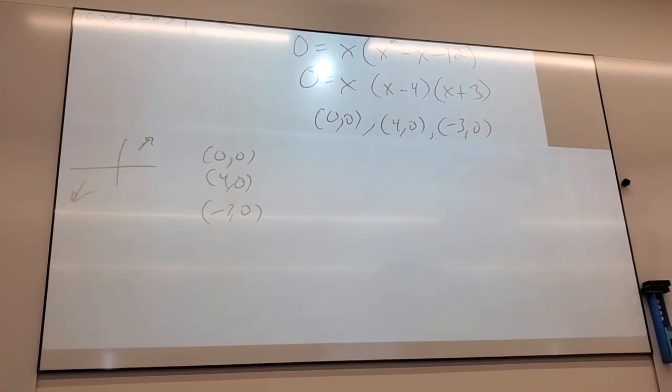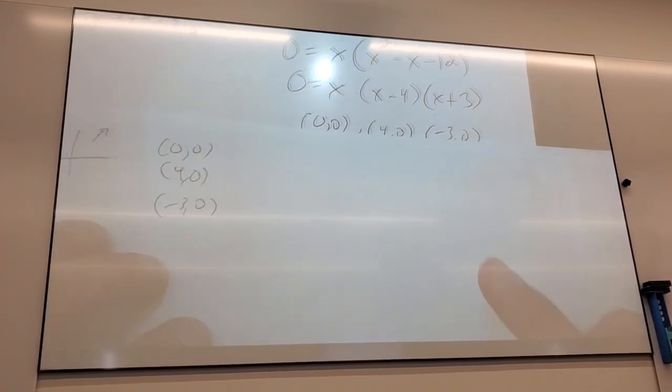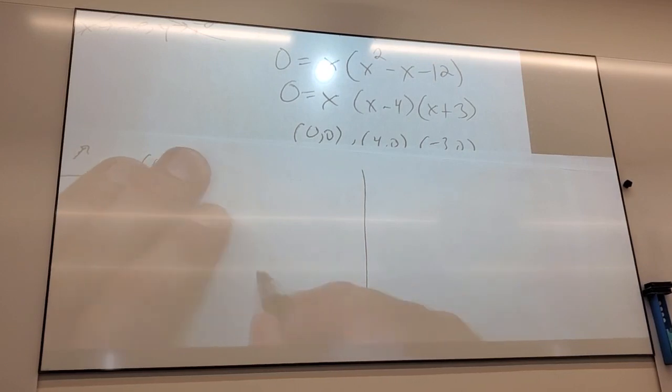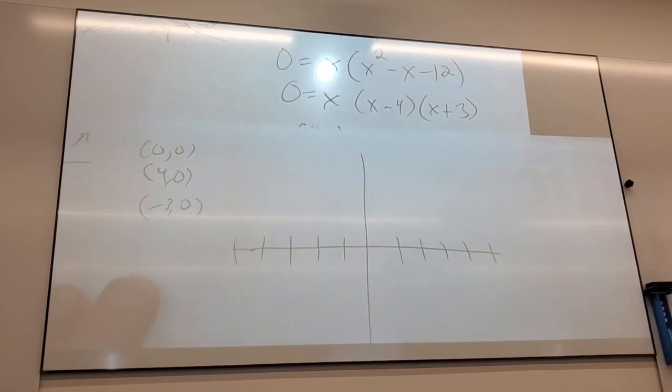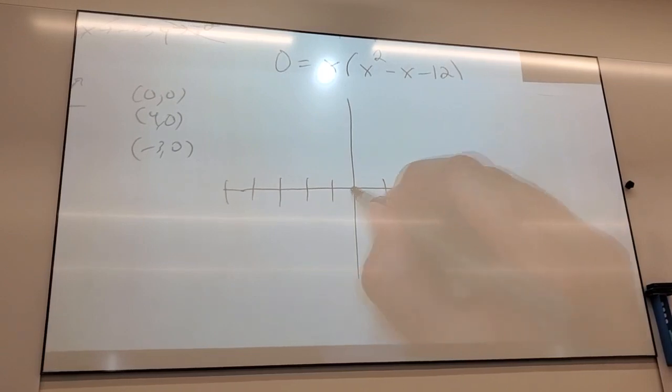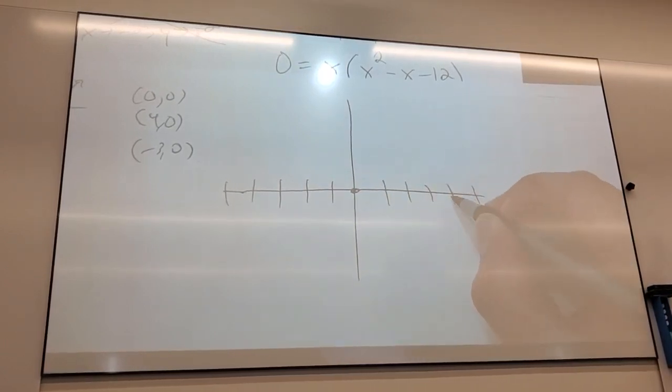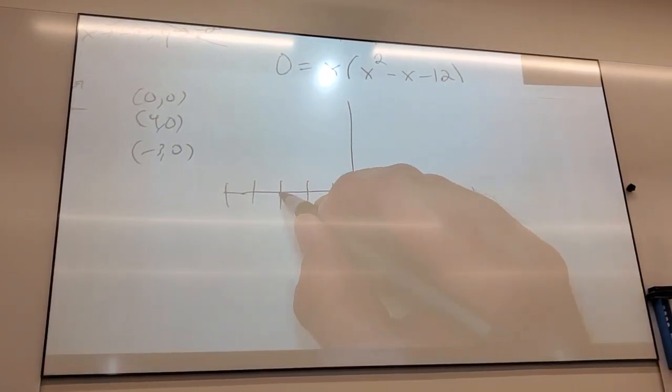We know very little so far. We know the y-intercept as well, which is (0, 0), which really isn't more information. But I can plot (0, 0), (4, 0), and (-3, 0). My scale is bad, but too bad for everybody.